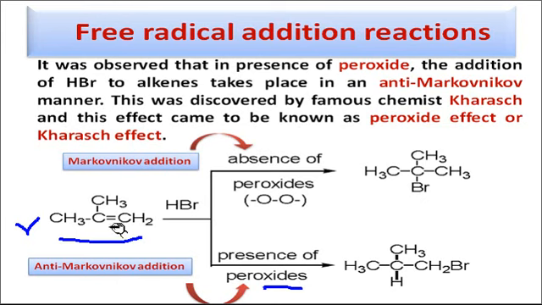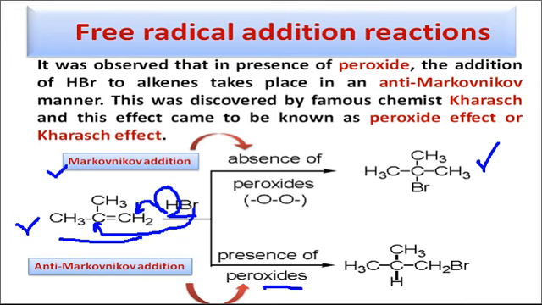When HBr attacks an unsymmetrical alkene, according to the Markovnikov rule, the hydrogen goes to the carbon atom which already has the higher number of hydrogens. So this hydrogen will attack this carbon atom while the bromine attacks this carbon atom. So according to Markovnikov addition, 2-bromo-2-methyl propane will be the major product.